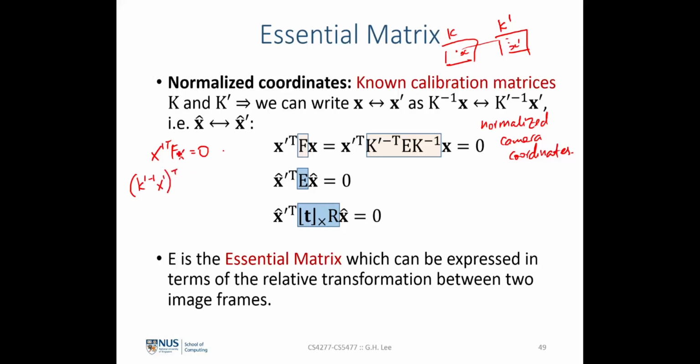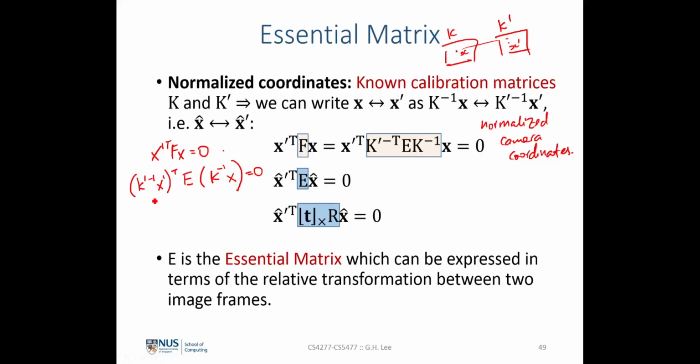And then we have to replace F with some other matrix, which we now call E. In order for the relation to still be valid, because we introduced the camera intrinsics, we have to replace the fundamental matrix with another matrix which we call E. Similarly for x, we replace x with the normalized camera coordinates, which is K inverse multiplied by x, and this equals 0.